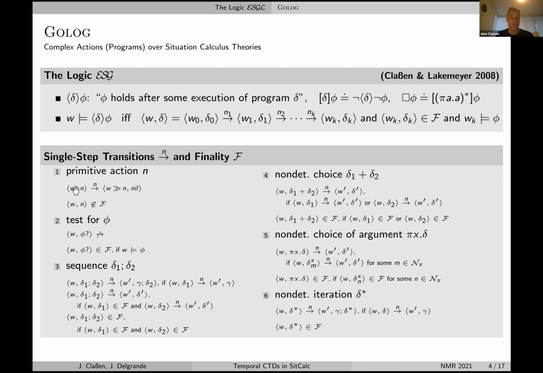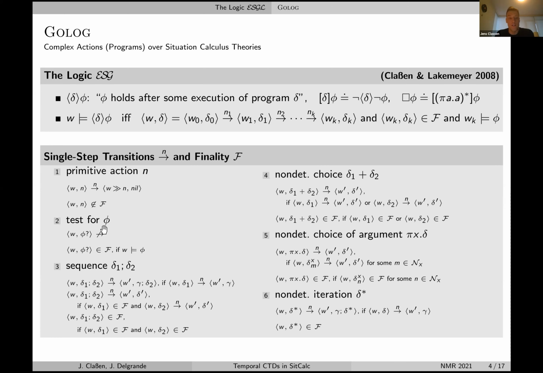For example, in case of a primitive action, we can make a transition with that particular primitive action, and that will lead us to basically the progression of the previous world by that particular action. And we get a new program that remains to be executed, and in this case, that happens to be just the empty program nil. And this configuration will never be final.